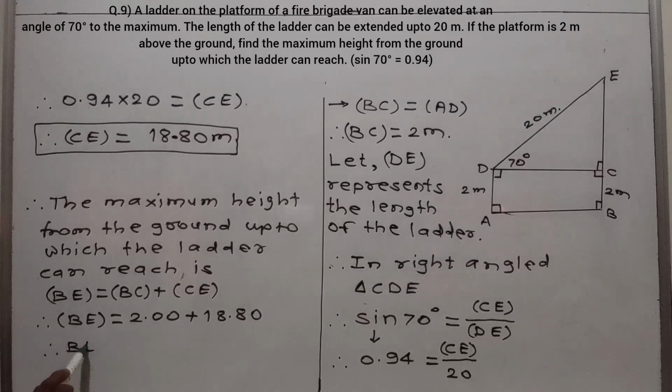Therefore, BE is equal to 20.80 meter, or you can write 20.8 meter. Did you get it?